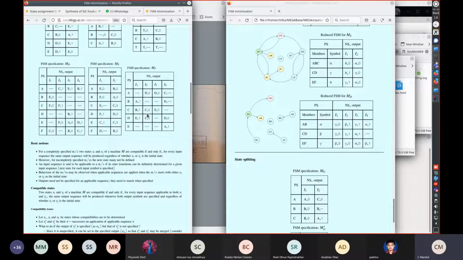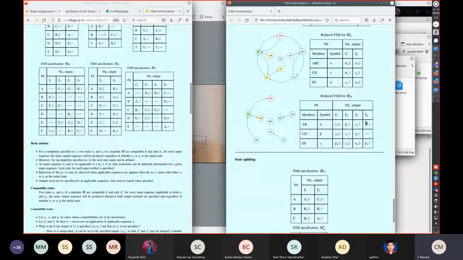As you can see, if you are grouping AB, then on transition I1, B has a transition to E. So this alpha will have a transition to the set containing E, that is gamma. The output is 0. Like that you can construct this table. That is how you get the reduced FSM for MD.